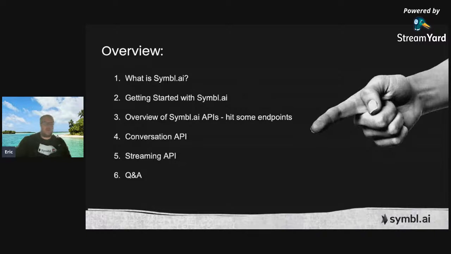We want to talk about how to get started with Symbl.ai. We want to give you an overview of the APIs. We want to hit some of them, not all of them. We want to talk about the conversation API and the streaming API. And then throughout the entire process, we want to make sure that you guys have a chance to raise questions with us. We're going to be attentive to those questions so that we can help you get up and running with Symbl.ai.